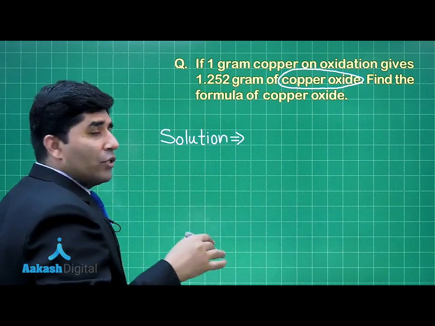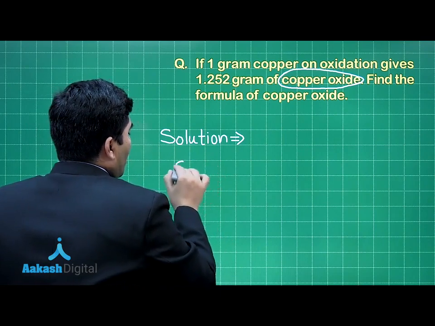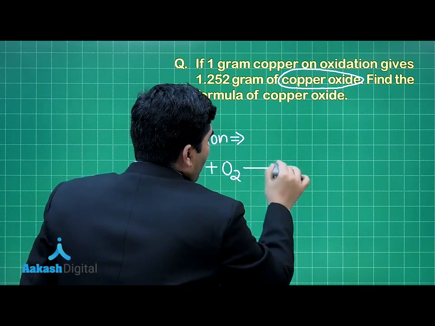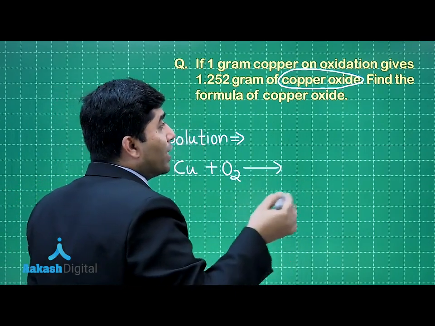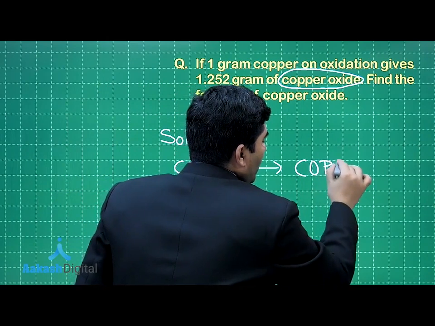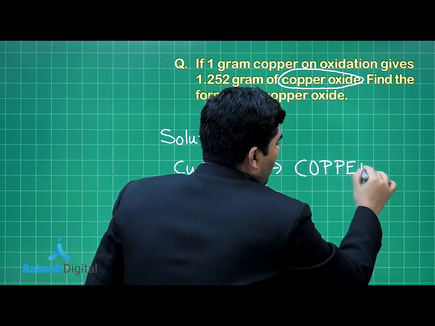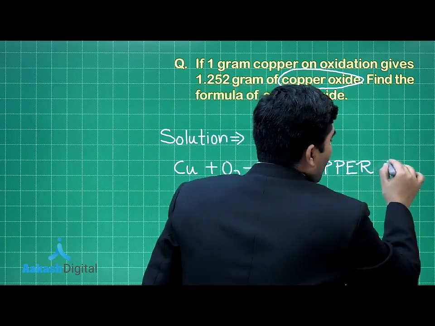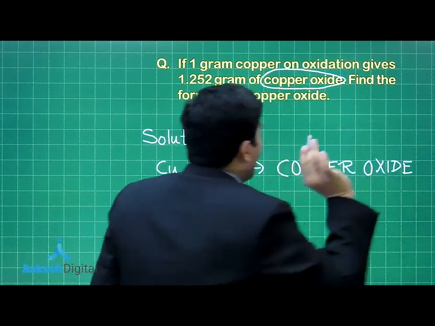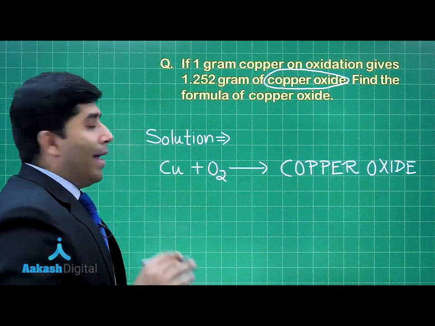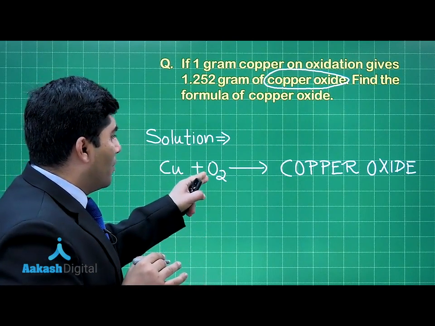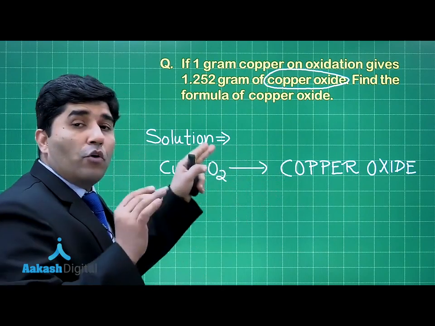First we will write the reaction. As we don't know which oxide is forming, I am writing copper oxide. Now, applying the law of chemical equivalence, the number of gram equivalents of copper is equal to the number of gram equivalents of oxygen, which is equal to the number of gram equivalents of copper oxide.